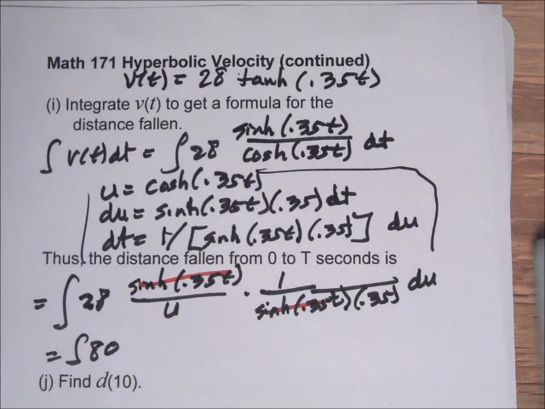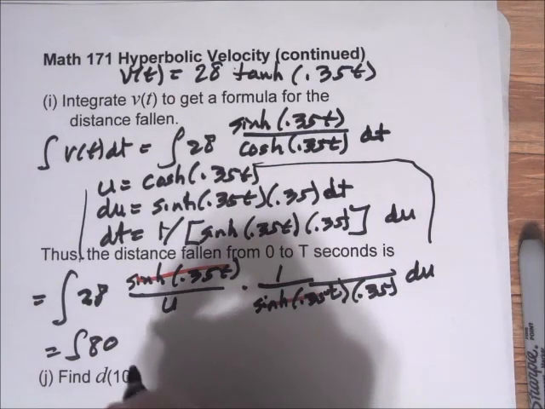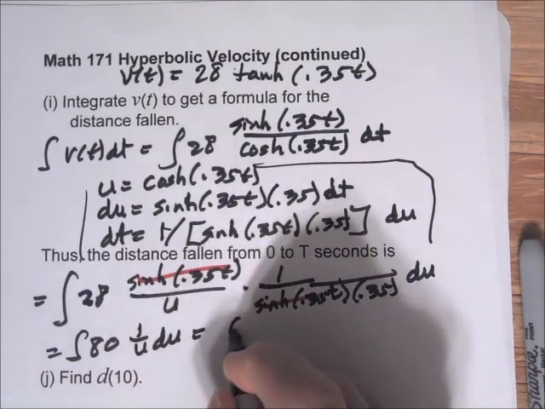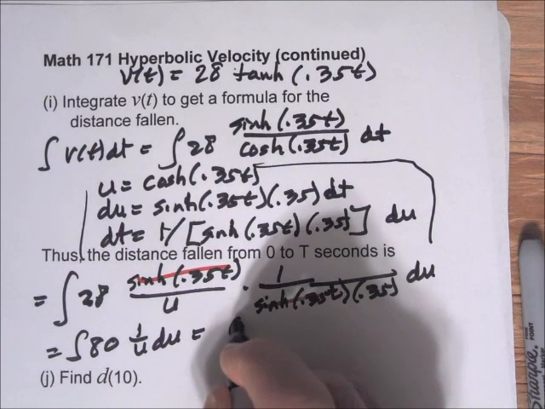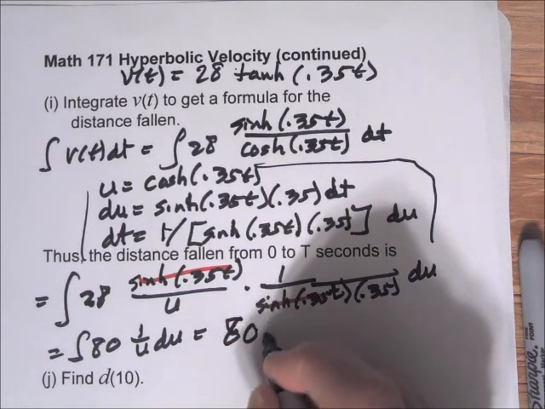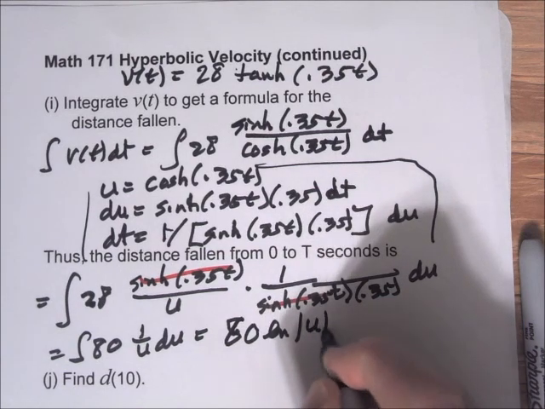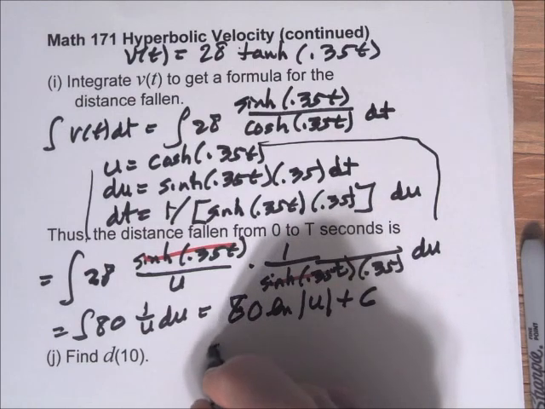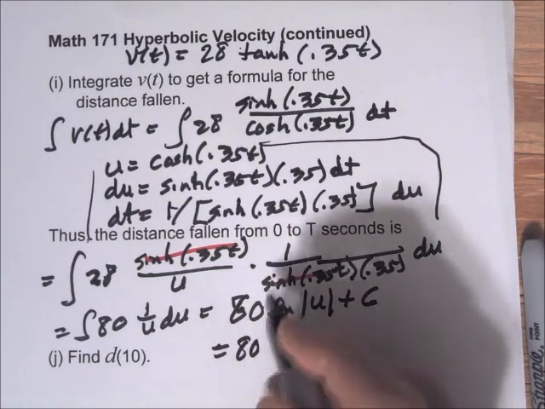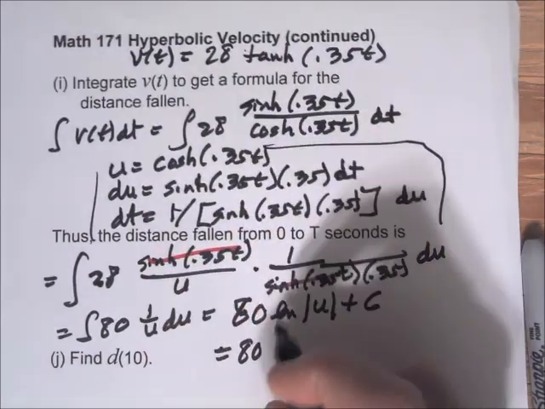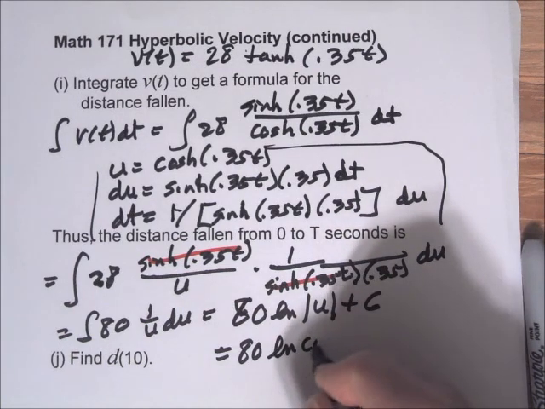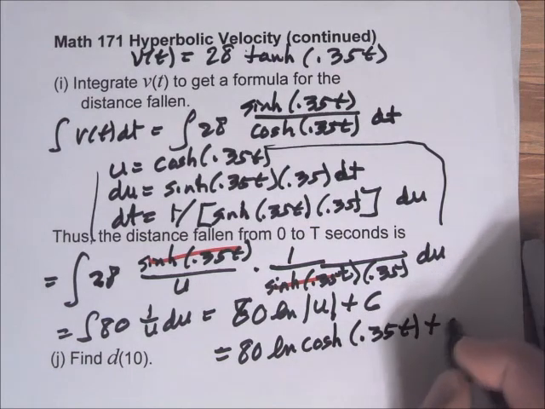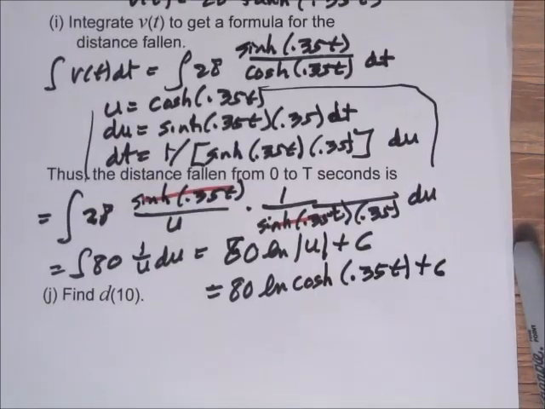So we'll have 80 times 1 over u du, which is equal to 80 ln absolute value of u, plus a constant, and then we can back substitute. u is cosh of 0.35t, so this is 80 ln cosh 0.35t plus a constant.